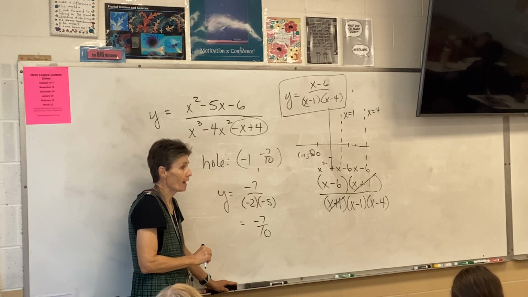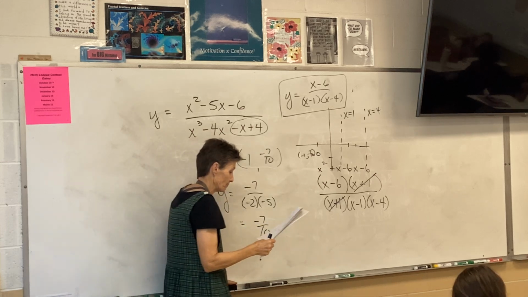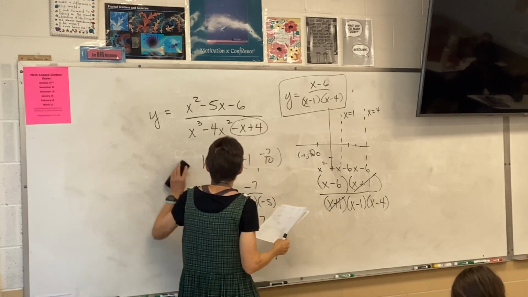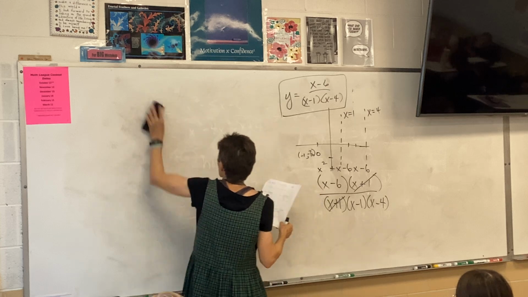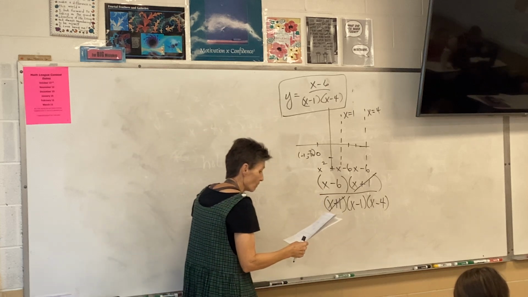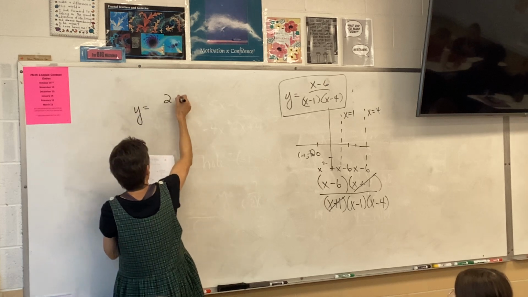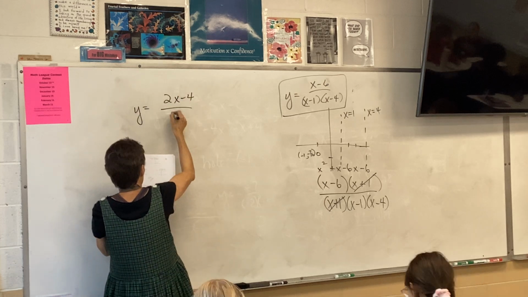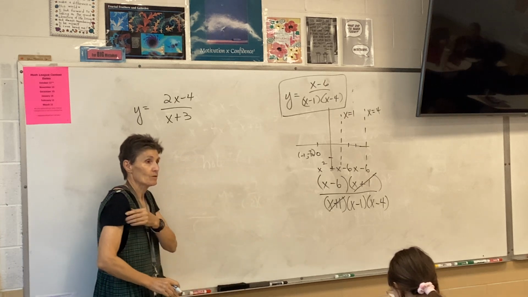I know it's a lot, but we're in the big leagues now, folks. We're going to keep practicing our vertical asymptotes, and now we're going to throw in some horizontal asymptotes. Okay? So take a deep breath.